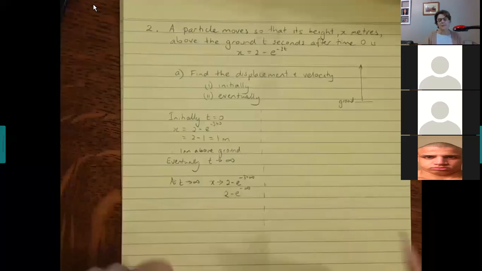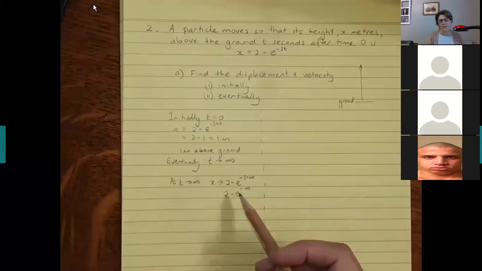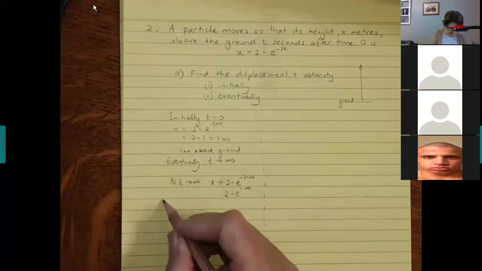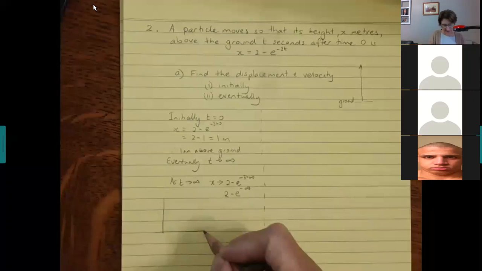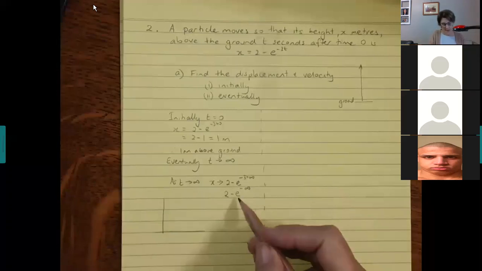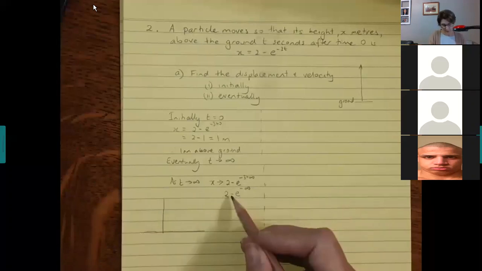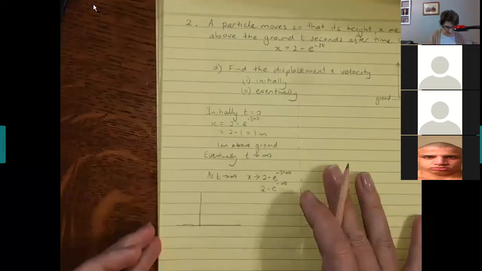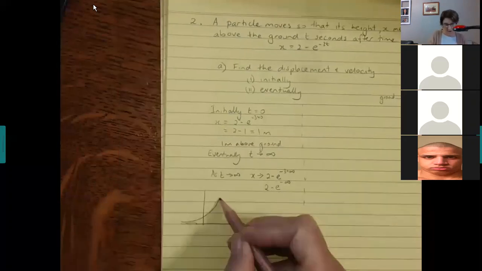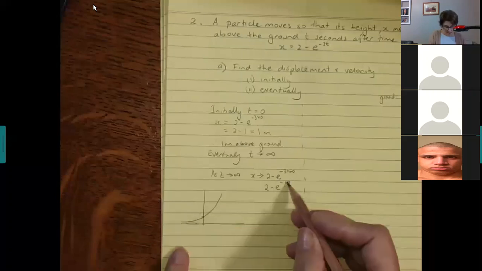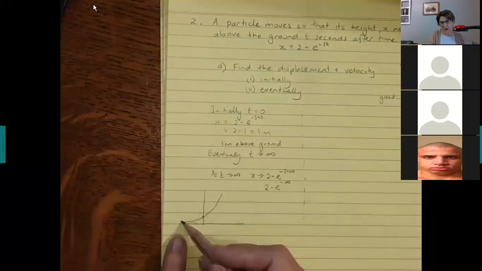Okay. Now, is that a massive number or is it a tiny number? Tiny. Right, because remember, if we have our exponential graph, even if I just draw, that one's got the negative in front, but just for the purpose of thinking about our exponential graphs, if I've got an exponential graph like that, and so it passes through at 1, when I head down towards negative infinity, what does this value approach?